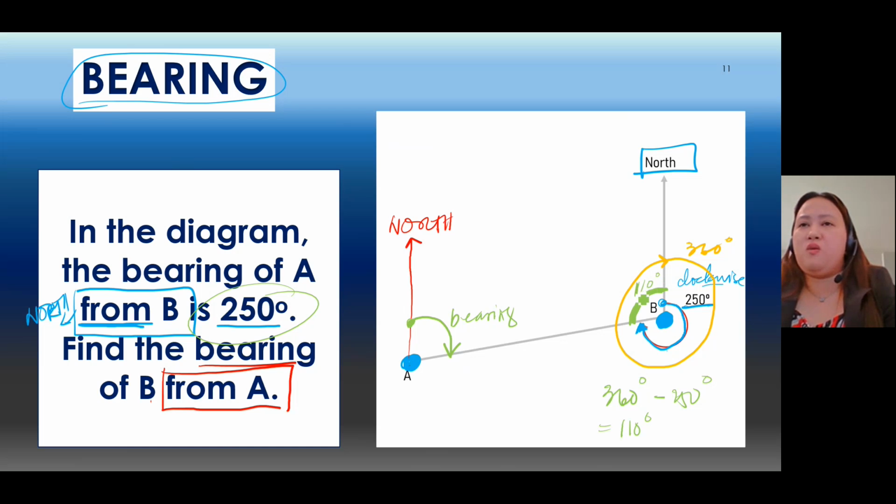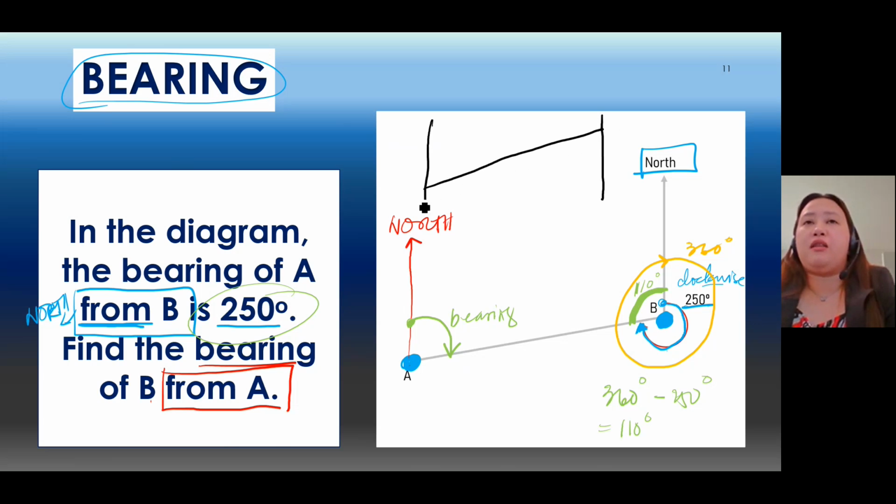But then how can you determine the angles on A, if you have these angles on B, the 250 and 110? You have to remember the concept of alternate interior angles.